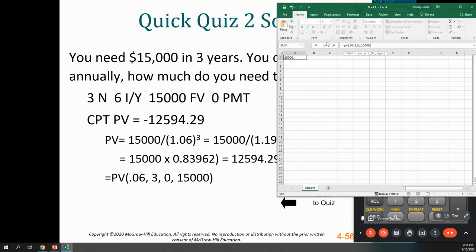Again, I'm just going to use 0 to remind you that that's the default. Oops, I have an error. I have one too many commas here. Okay, there it is. $12,594.29. Of course, it's negative because we made the future value positive.